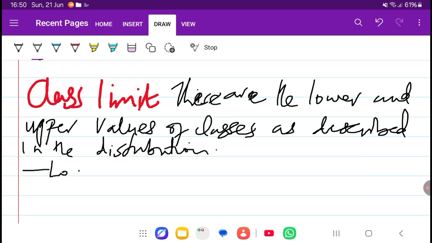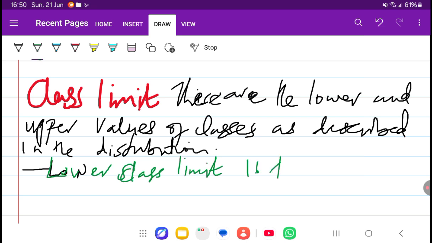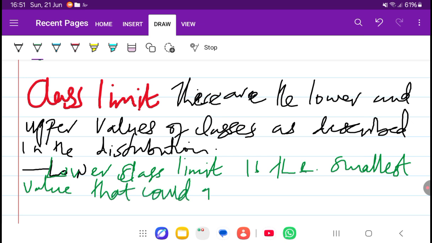The lower class limit looks at the smallest value that could go in a class.